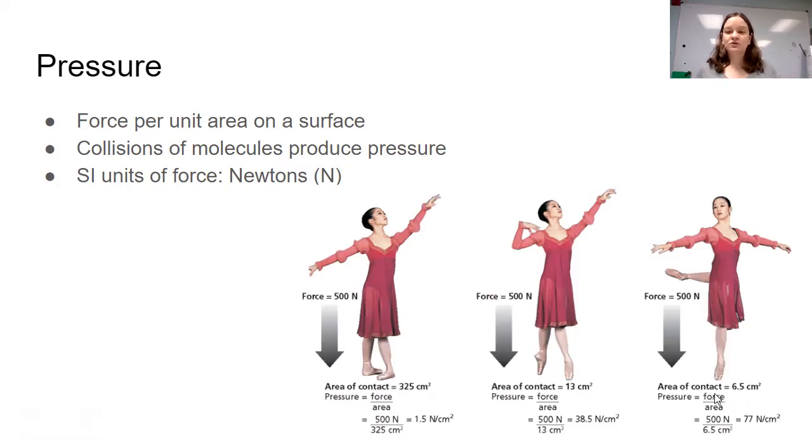Her force is going to be equal to her weight, which is 500 newtons, not the same thing as 500 pounds. As the area decreases, the force that she's exerting is the same, but the area is less, so her pressure is greater.